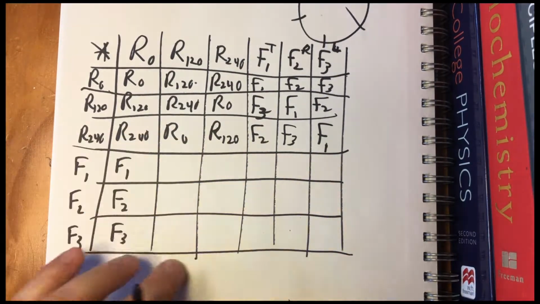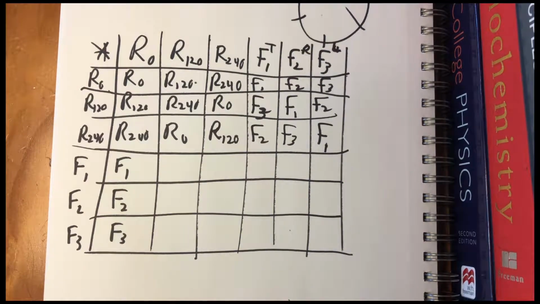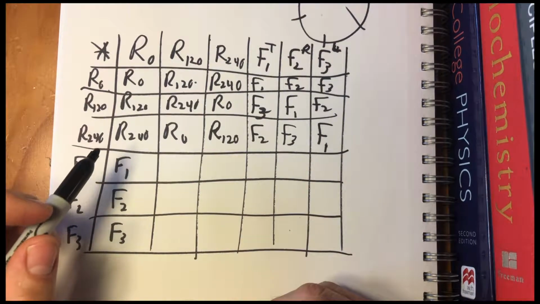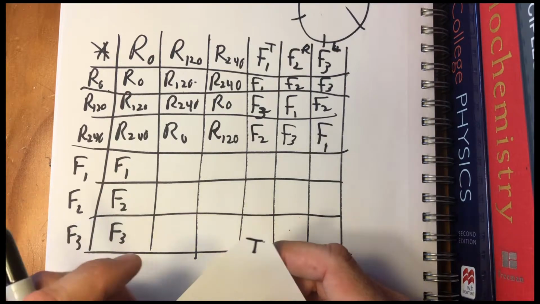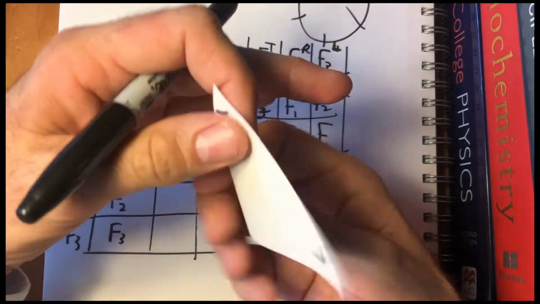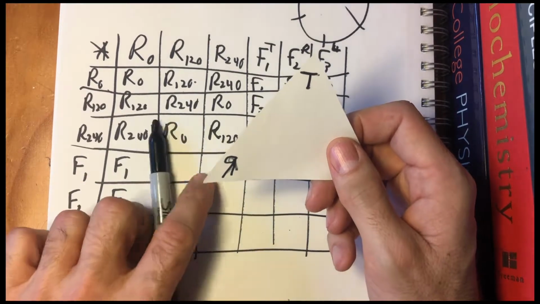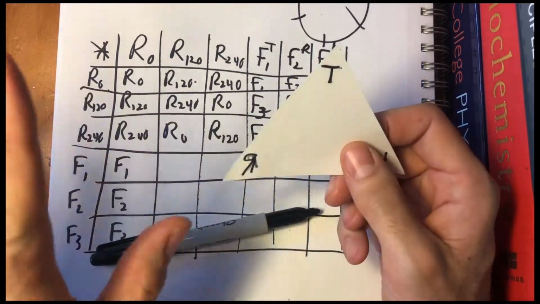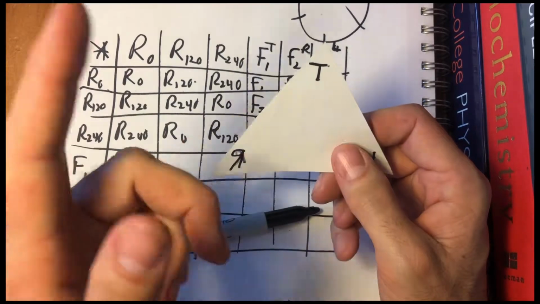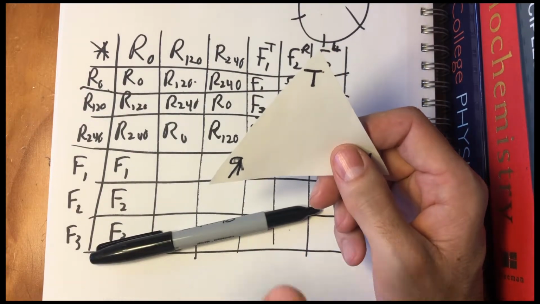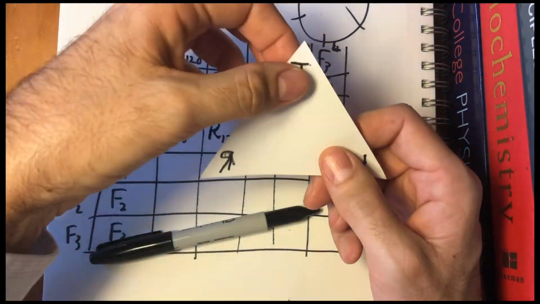Okay, now let's fill in this section. So in this case, now we're going to start by flipping first and then rotating 120. Now, it's super important to remember the same thing that I said about the flipping counts here too. This can be very confusing. You have to keep it straight.